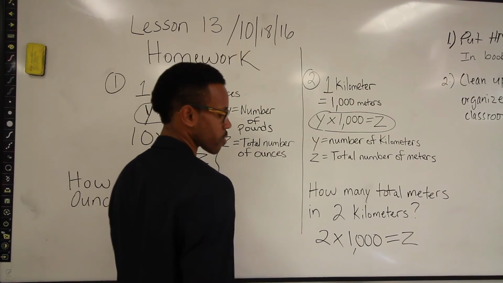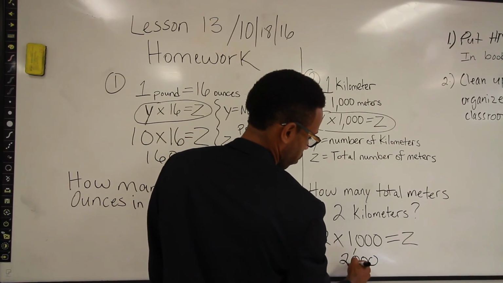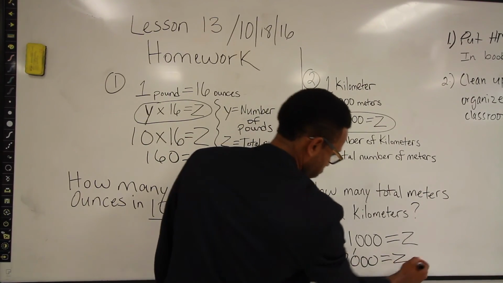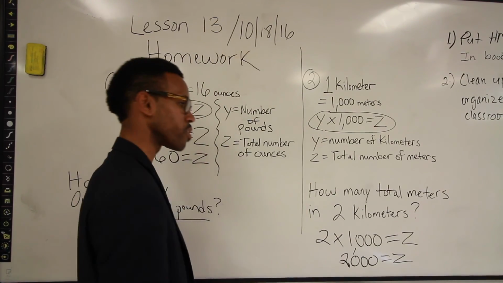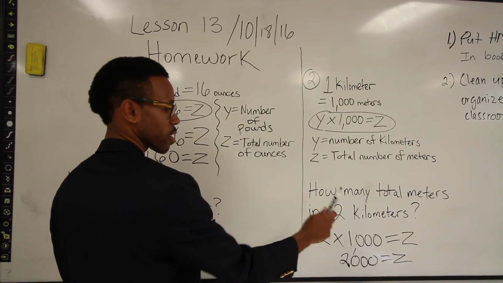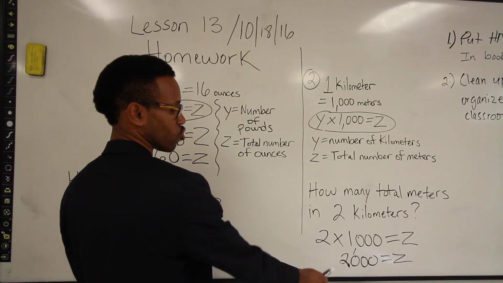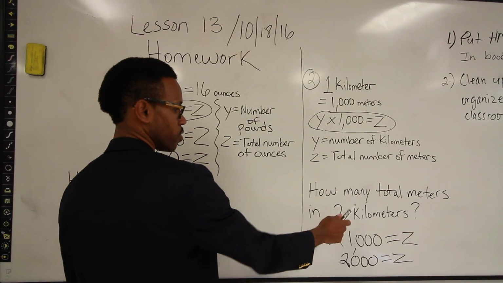What's 2 times 1,000? That's 2,000. Z equals 2,000. What is z? Total number of meters. There are 2,000 meters in 2 kilometers.